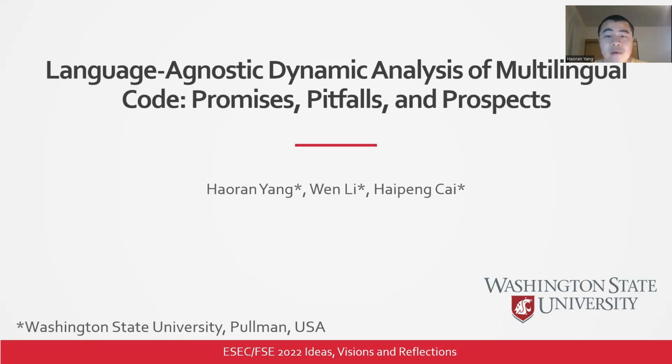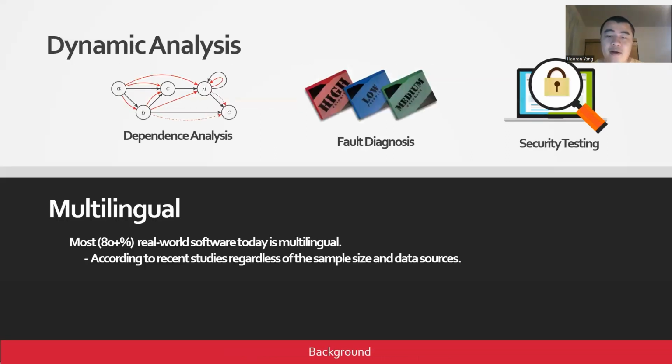In this talk, I will present our reflection and vision on language-agnostic dynamic analysis of multilingual code: promises, pitfalls, and prospects. Verifying program behavior using dynamic analysis is a crucial technique for ensuring software quality and hence mitigating these problems.